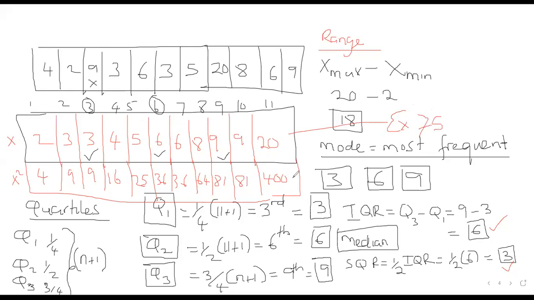Then summation of x squared is 761. Do we agree?